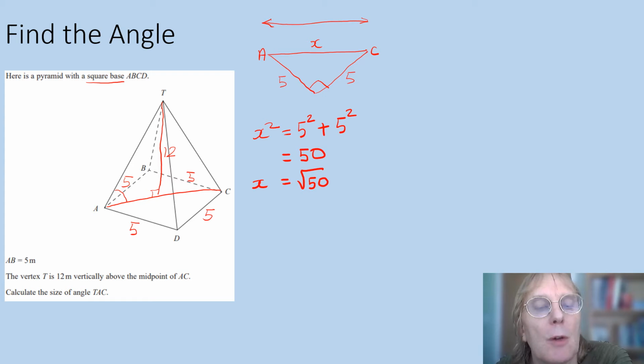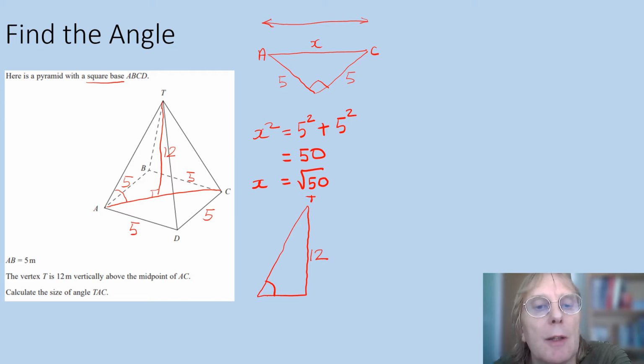So if I draw another triangle, this is the triangle that we're actually trying to work from. It's 12 high, and we're trying to work out the size of that angle there.